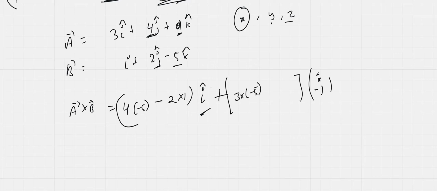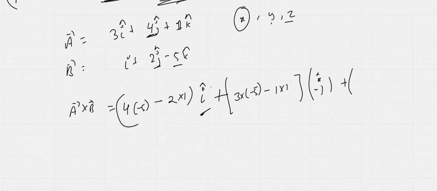After that, 2 of 1, and then 1 and 1. So minus 1 and 1. You know there's a negative, okay? Plus the k at last.